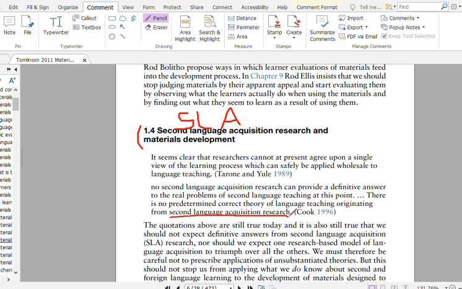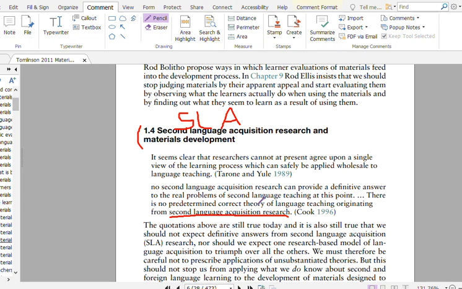What does it mean? It means that relying on second language research, you cannot decide about language teaching and learning. You cannot simply rely on second language acquisition research. You should rely on other areas of research, such as conversation analysis, discourse analysis, sociology, psychology, and general education research.